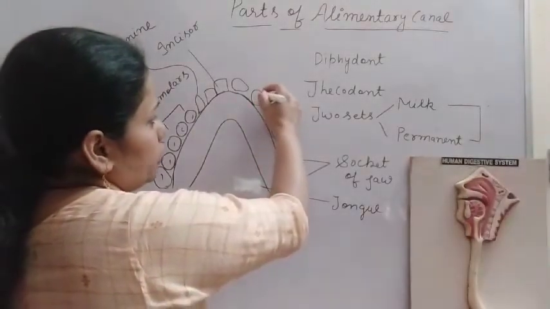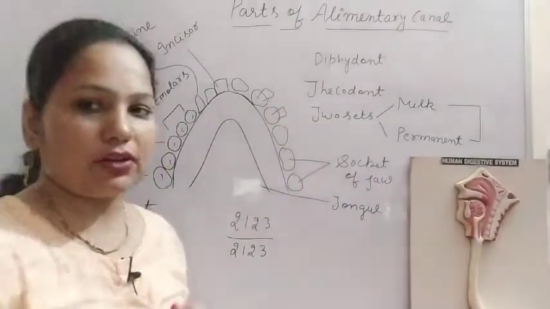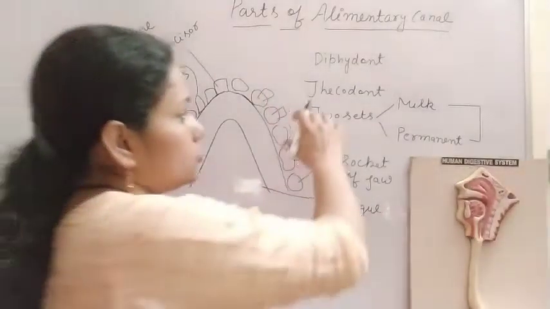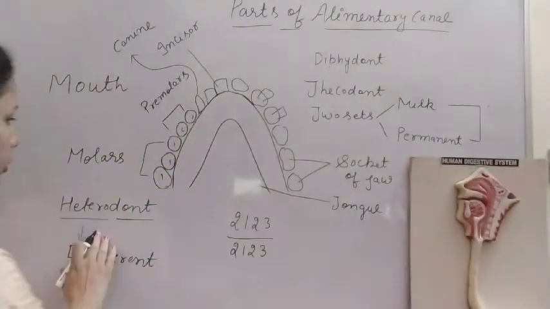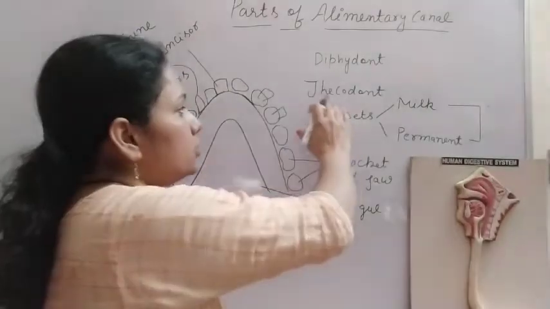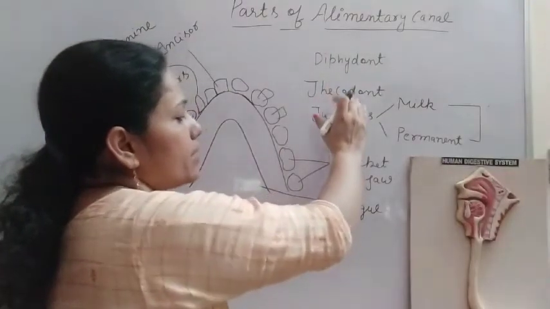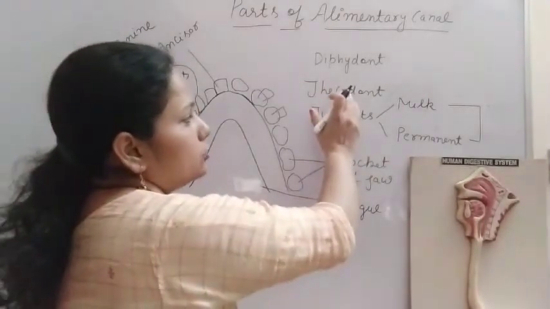So these are the sockets and inside these sockets these teeth are packed. So this type of arrangement is known as thecodont. So you understood? Heterodont means different types of teeth and thecodont means the teeth are present in the socket of the jaw.